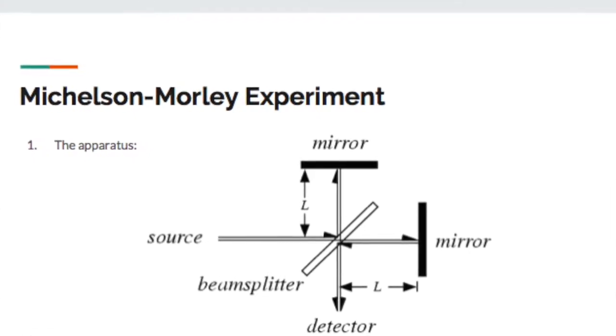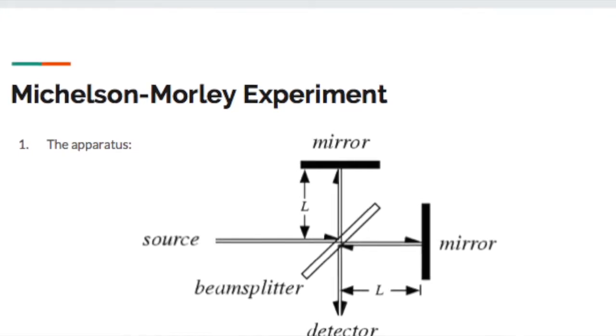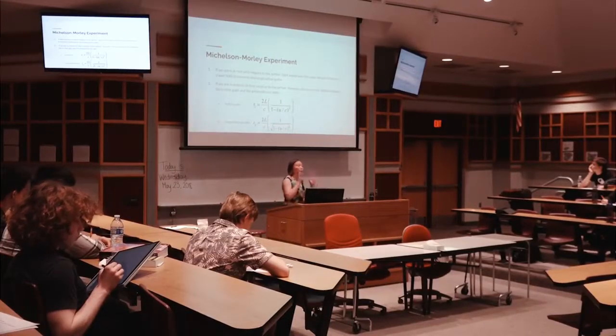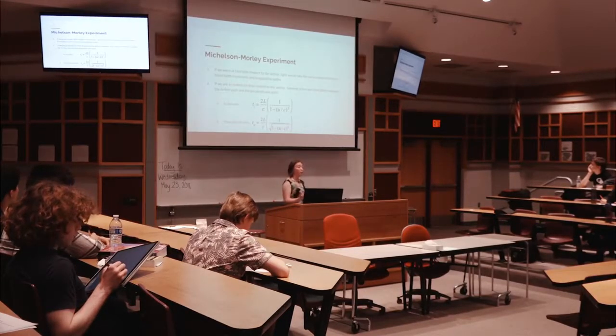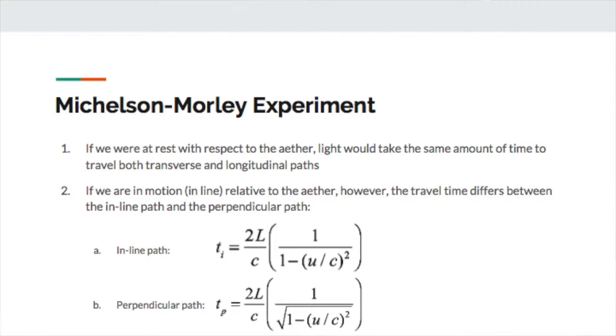But if we were in motion or in line relative to the ether, the travel time would differ between the two paths. We don't really have a lot of time, so I'm not going to go through that math, but essentially the inline path, the path that is in motion relative to the ether, would take a time ti, which looks like that.